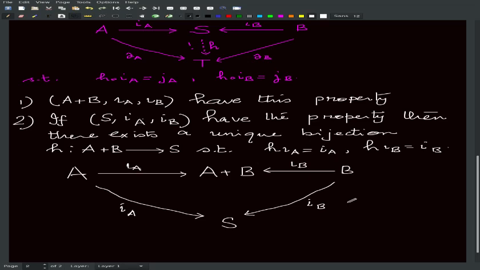Now, since I have two functions coming from A and B into S, and the triple on the top has this property, I have this unique map H. So H iota A is IA and H iota B is IB.